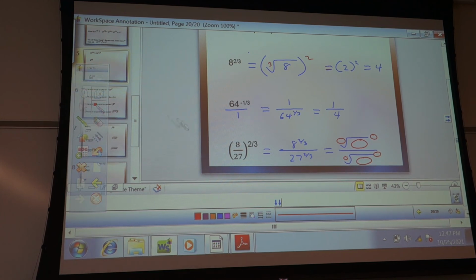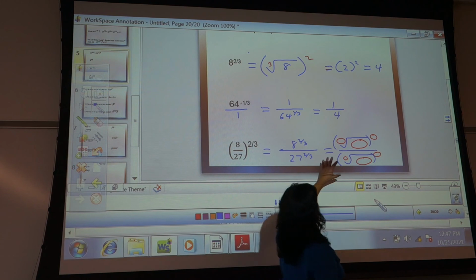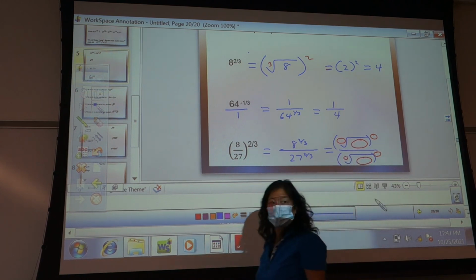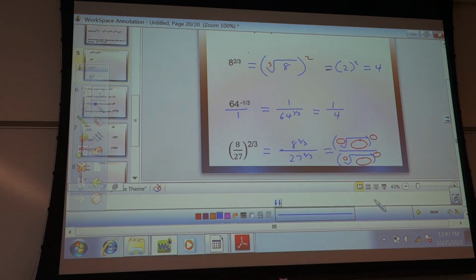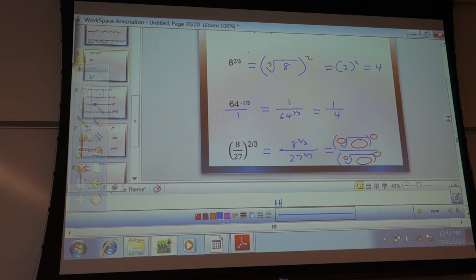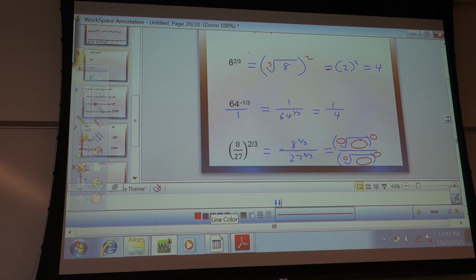Put parentheses around it if you want, maybe that might be easier. All those pieces, and then simplify it. Raise your hand when you have those 6 circles filled in.